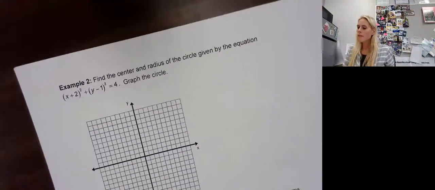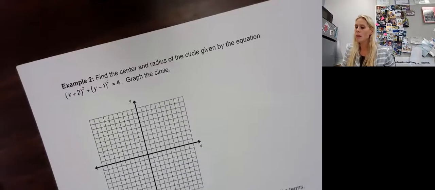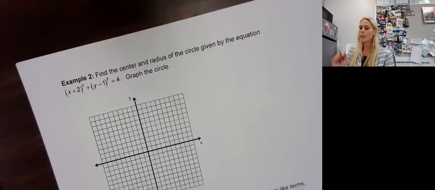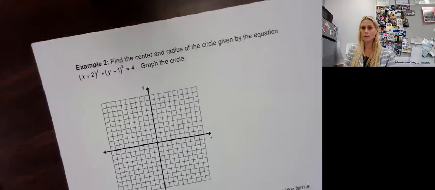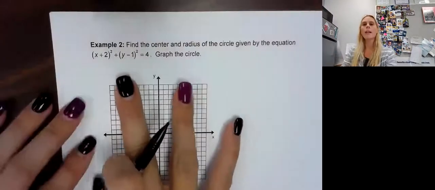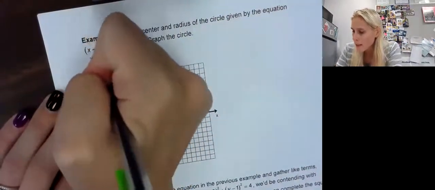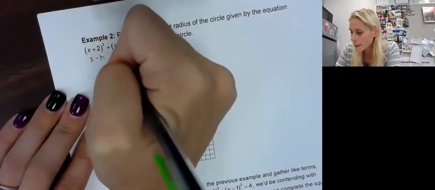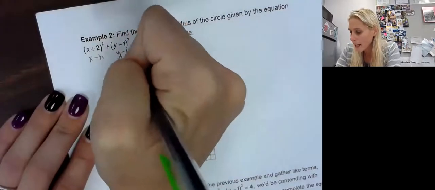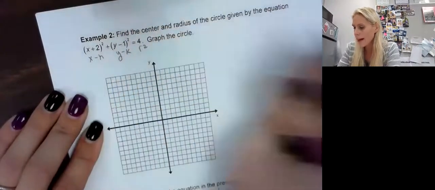Okay, find the center and radius of the circle given by the equation (x plus 2) squared plus (y minus 1) squared equals 4, and then graph the circle. Okay, now this is already in our form, right? So remember, this is x minus h, this is y minus k, and this is r squared.